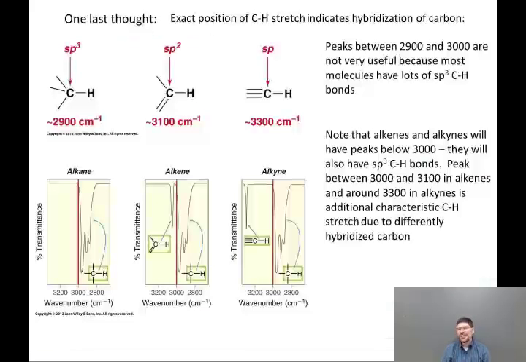So peaks between 2900 and 3000 are not very useful, but if you have an alkene or an alkyne, they will have an additional peak to the left of 3000 due to that particular CH stretch on the differently hybridized carbon atoms.